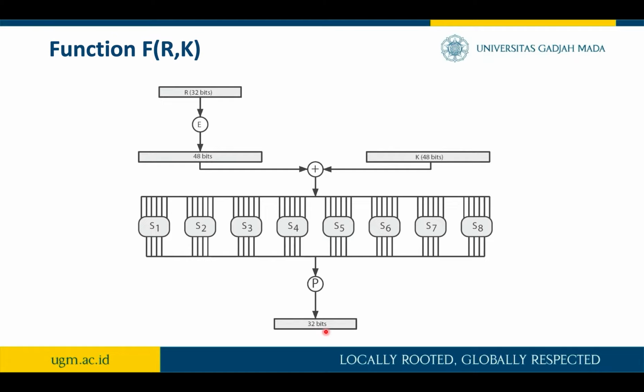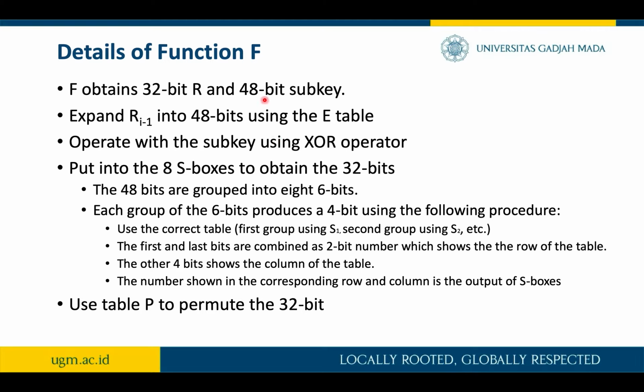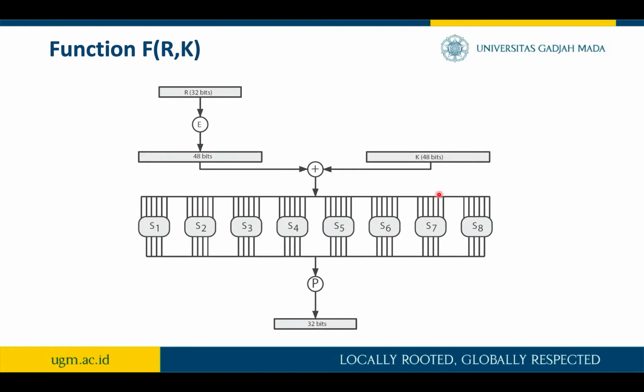And this will be XORed with the left part of the sequence of bits at that round. And the result of that XOR operation is the right part of the next round. Okay, so I hope this is clear. So this is the explanation of the function f that is illustrated in this slide.